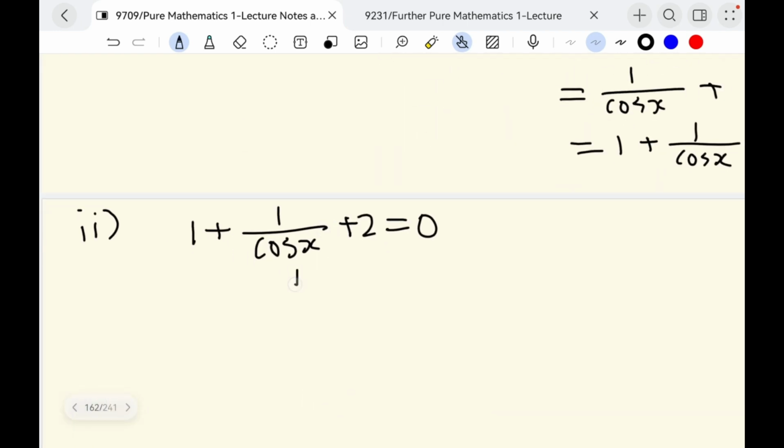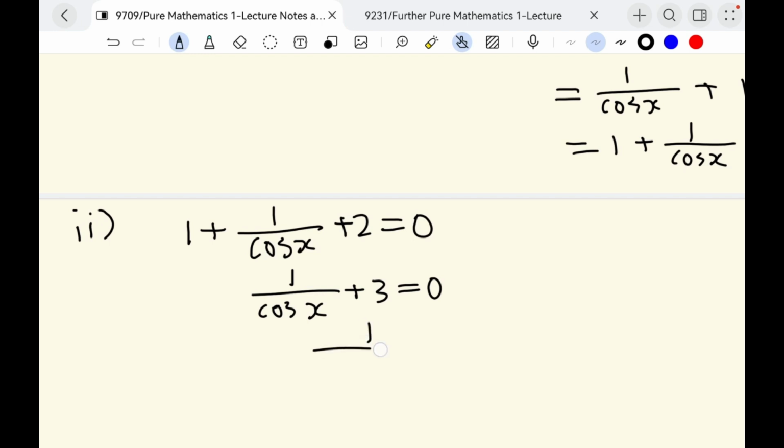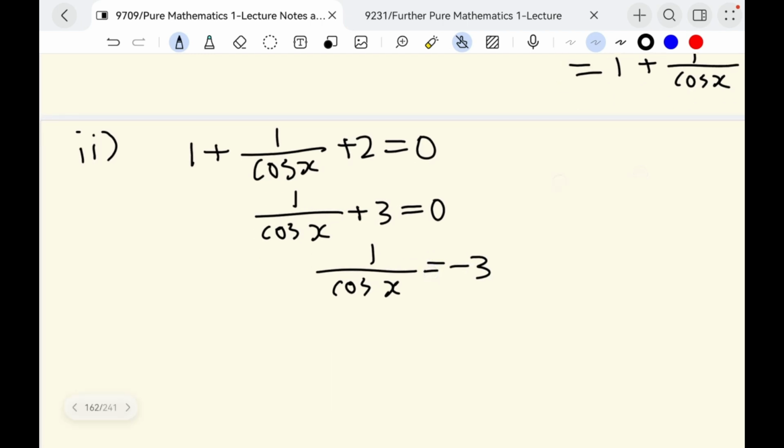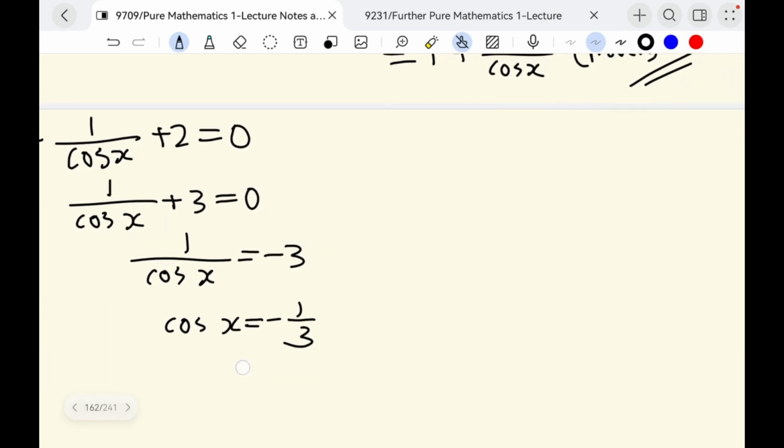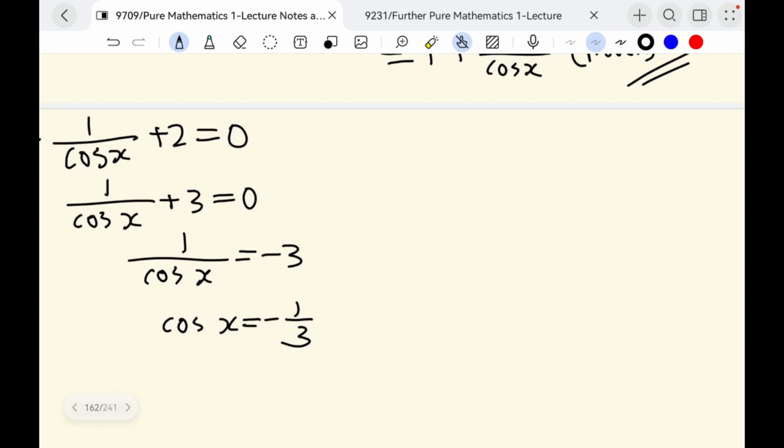Okay, so 1 over cos x plus 3 equals 0. So move the 3 to the other side, so we get 1 over cos x equals negative 3, and then swap, or you take the powers of negative 1, so we get cos x equals negative 1 over 3. I think some of the candidates do not know how to get this.